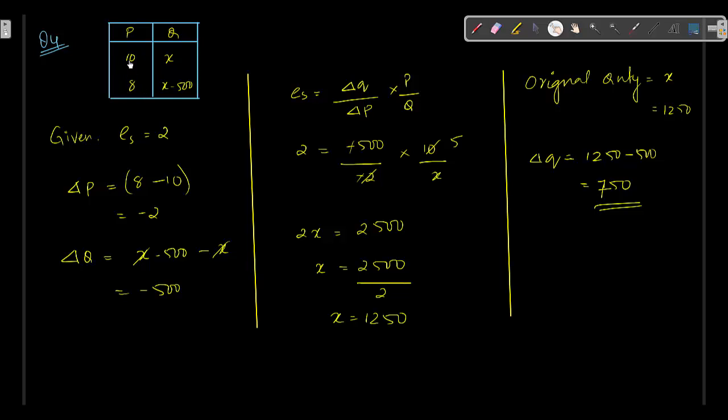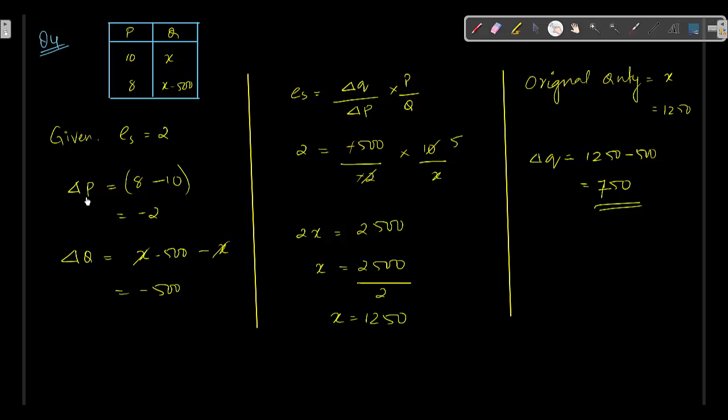The quantity supplied falls by 500 units. We don't know the original quantity, so we are going to take it as X. When the price falls, the quantity also falls by 500, so X minus 500, because it falls by 500, right?